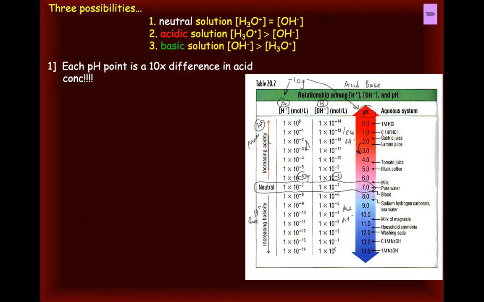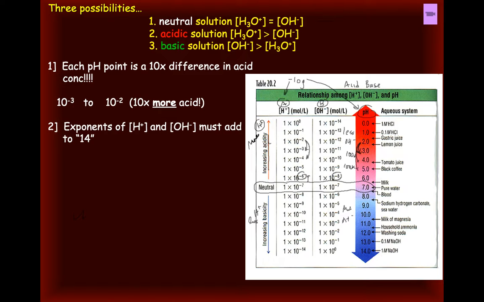If you went from 2 to 4, however, that would be 100 times less acid. If we went from 2 to 5, that would be 1,000 times less acid. So each time you move a full pH point, you're moving that amount. That's going to be the acid change, right, by about 10. All right, so that's what I'm trying to tell you here in this one is 10 to the third.